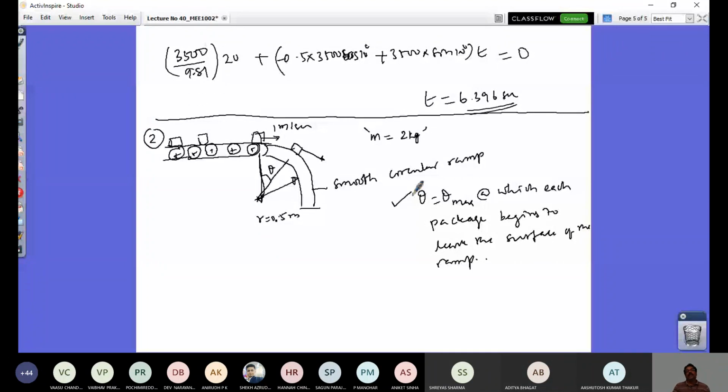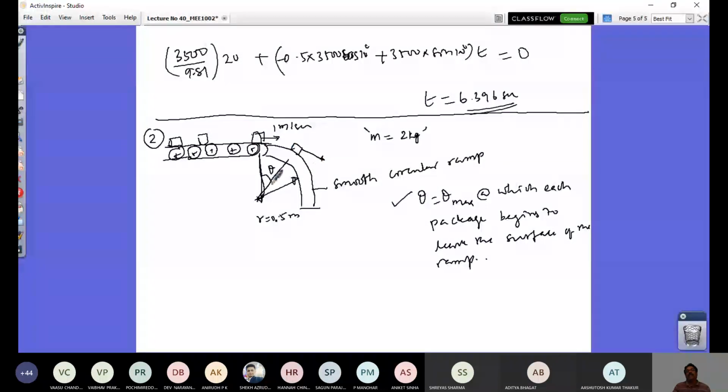There is a conveyor system, the finished product boxes are conveyed, and they are to be transferred to another place. So you have here a provision of a circular smooth ramp. The conveyor belt speed is 1 meter per second. The package comes onto the smooth surface, and it won't go along the surface and fall here. It will leave at one point.